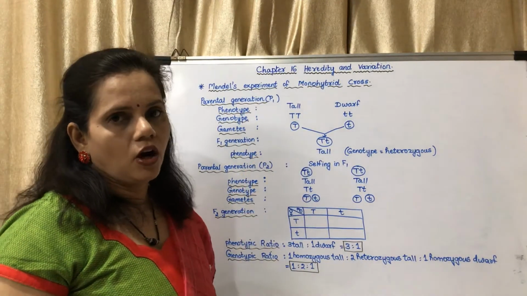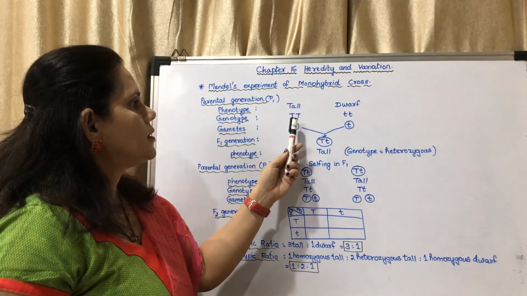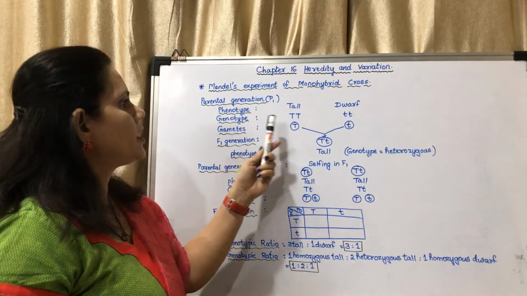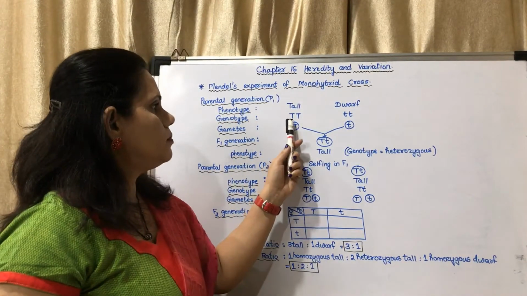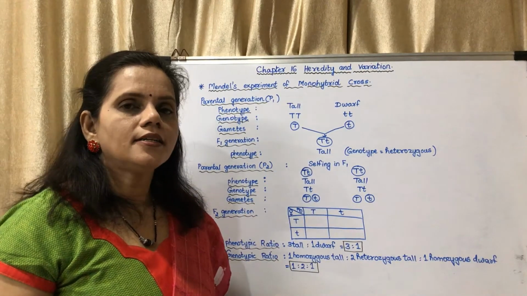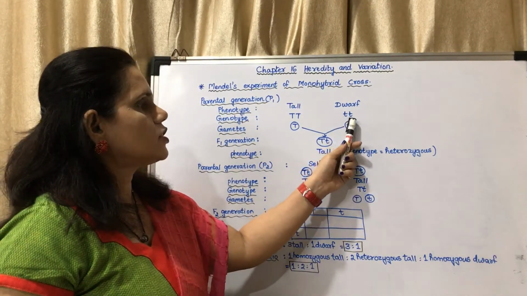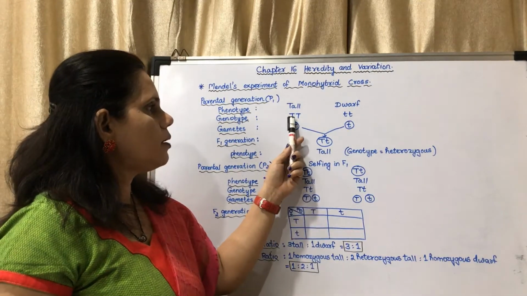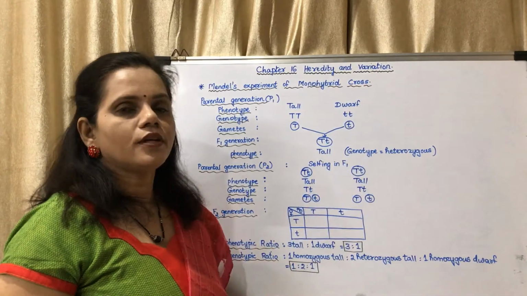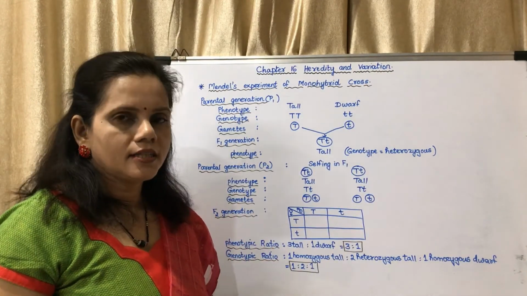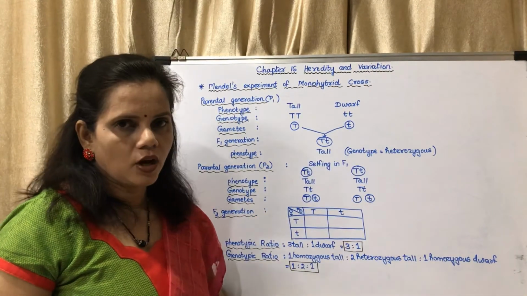One was tall, that is, its genotype was homozygous. Genotype homozygous means both the genes are the same. One tall plant and one dwarf plant. The dwarf plant will always have the genotype small t, small t.